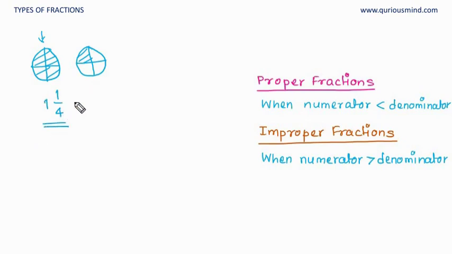But 1 whole, 1 out of 4 is same as what we earlier discussed, 5 upon 4. Numerator 5 and denominator 4. So these two are not different. 1 whole 1 upon 4 and 5 upon 4 are the same. But this type of representation of the improper fraction is called a mixed fraction.